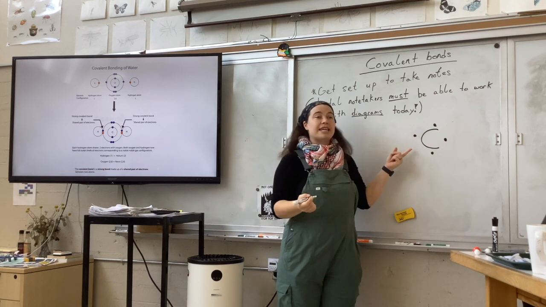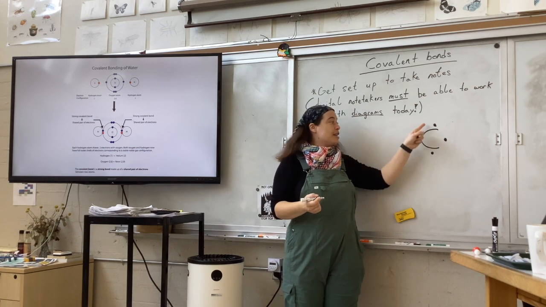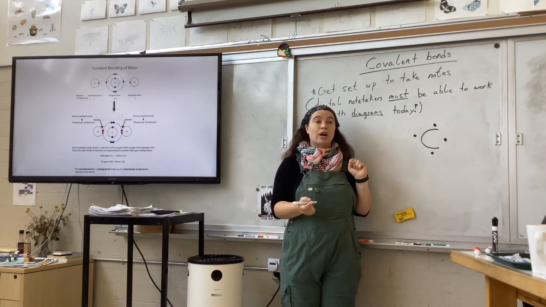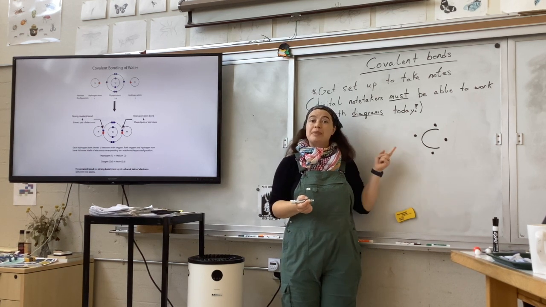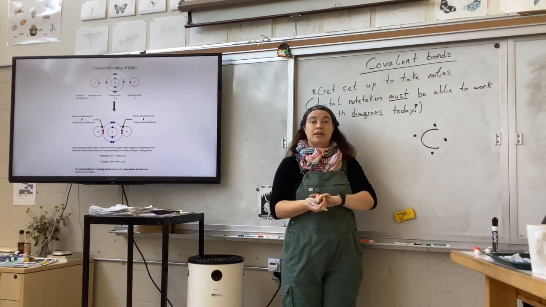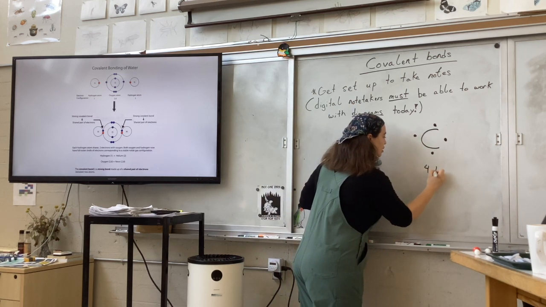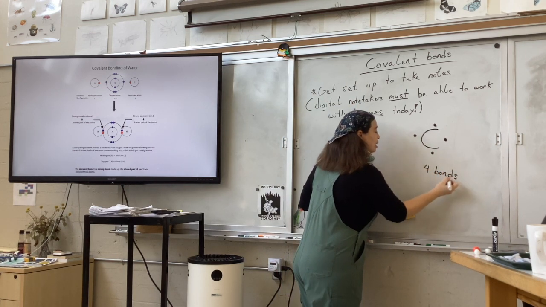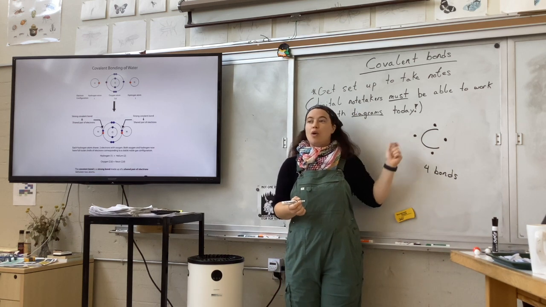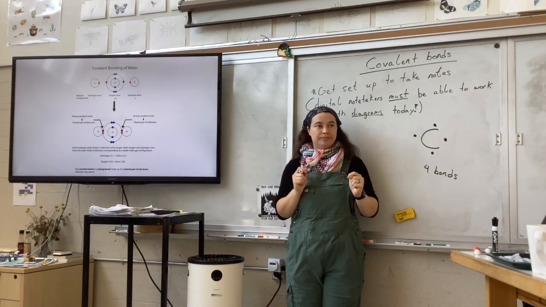So looking at this, I can clearly see, oh, carbon has 1, 2, 3, 4 unpaired electrons. So how many bonds can a carbon make? Yeah, 4 bonds. In a molecule, carbon, you're always going to see 4 bonds coming off of it.